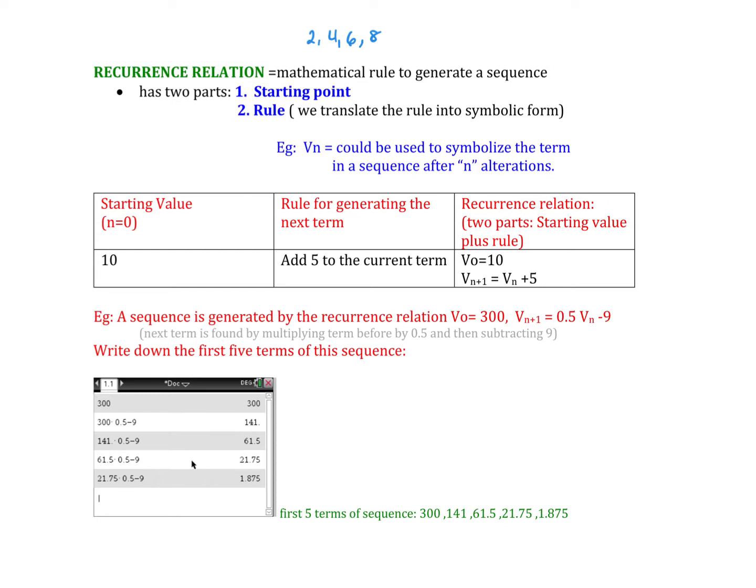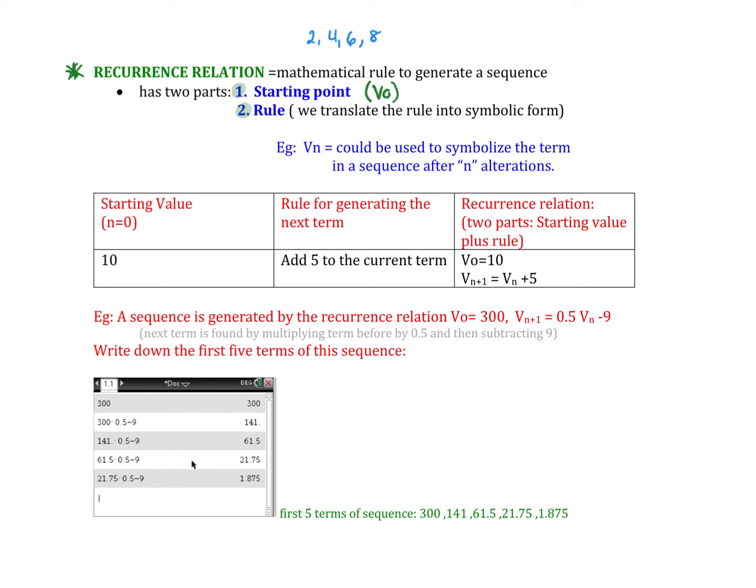So when you have a recurrence relation, and now this is going to be important, when they ask you in your VCE exams to write a recurrence relation, you will always have to put these two things. You always got to have the starting point. We often call this starting point V0.